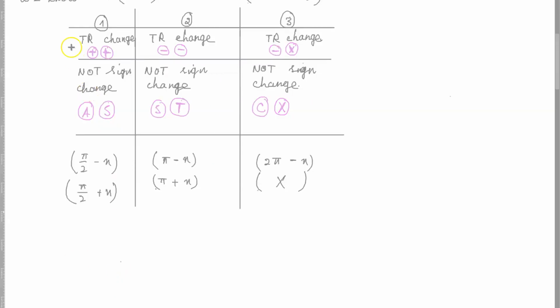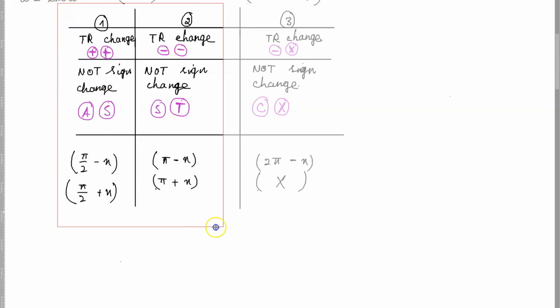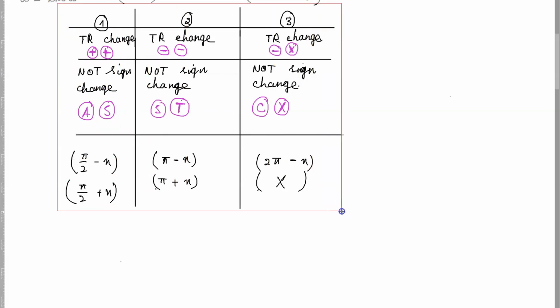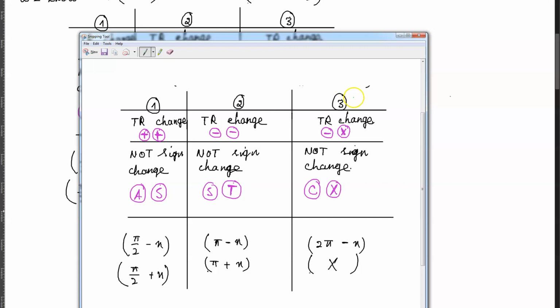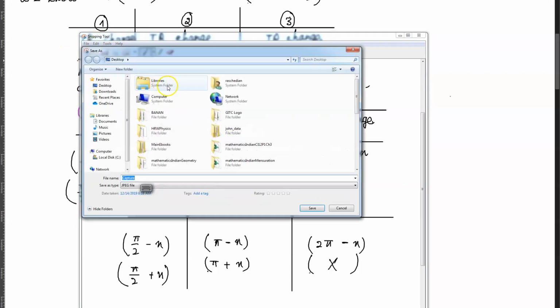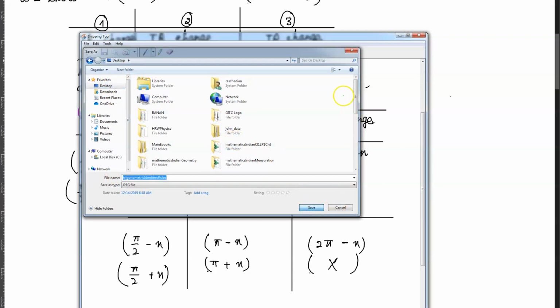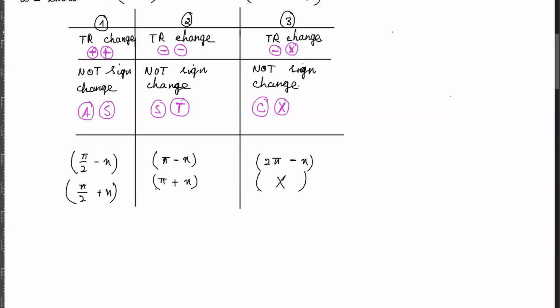Now I can create a screenshot here and call it, for example, trigonometric identities rules, and put it on the desktop, for example. And that way we know what we are talking about. Okay.